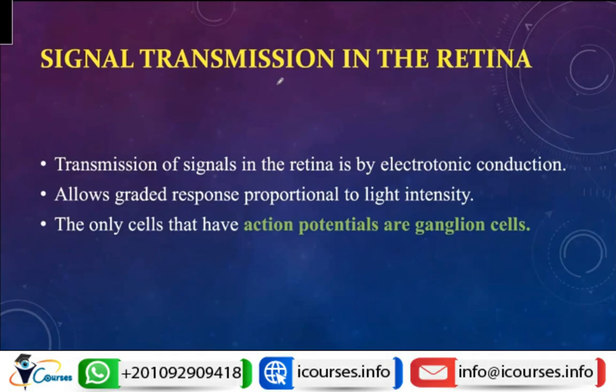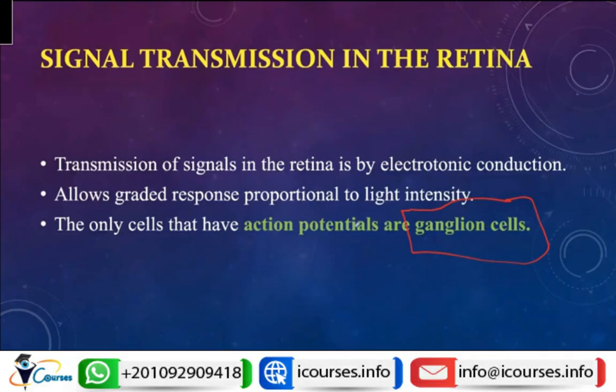So what happens next? First of all, the electrical impulse will pass through the retina in the form of electrical current, because there is no true action potential except in the ganglion cells. The ganglion cells are the only cells that will have a full action potential.